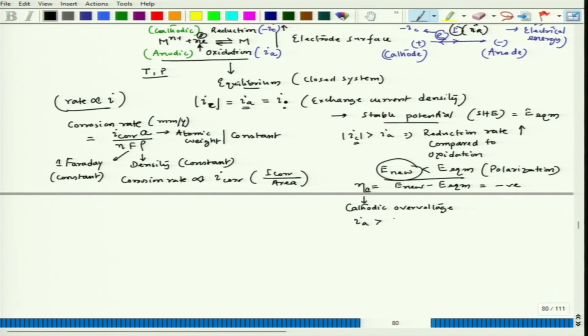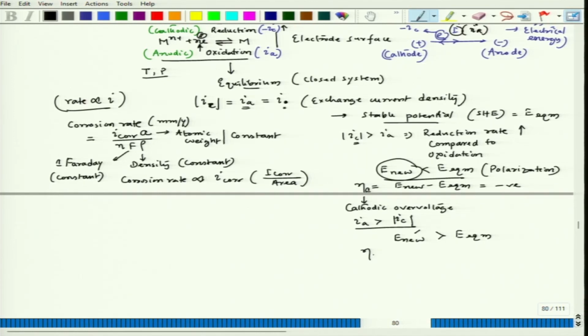Now, similarly, if IA is greater than IC, then the potential would be greater than E equilibrium, which is the stable potential when IC equals IA equals I0.